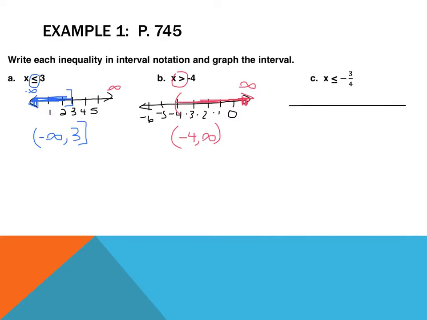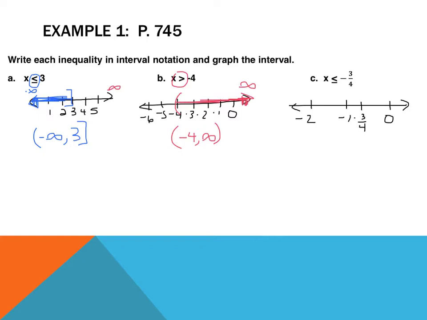Alright, C. Negative 3/4 is going to be close to negative 1. Okay, and its x is less than or equal to negative 3/4.